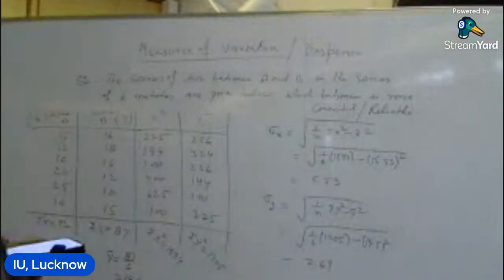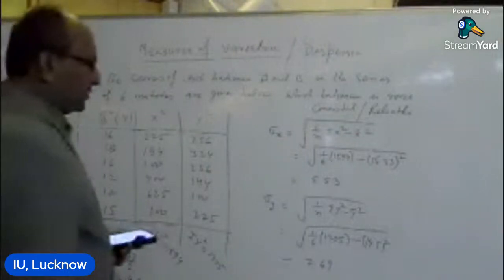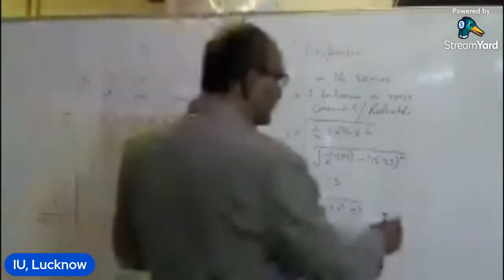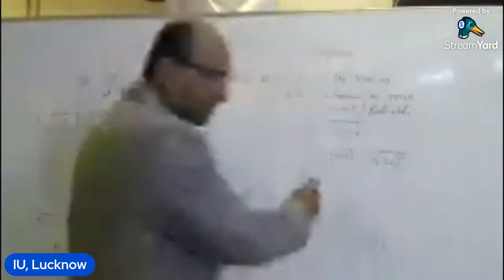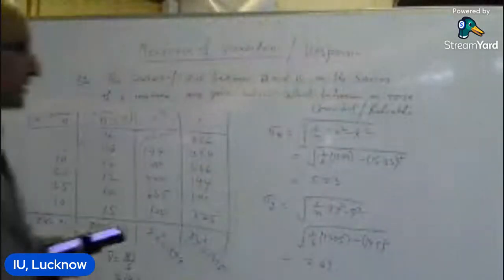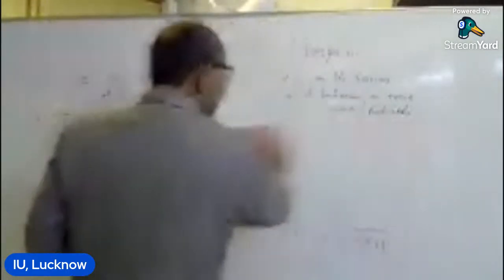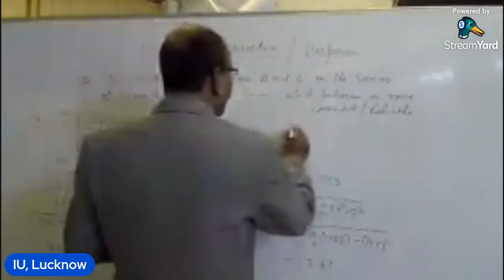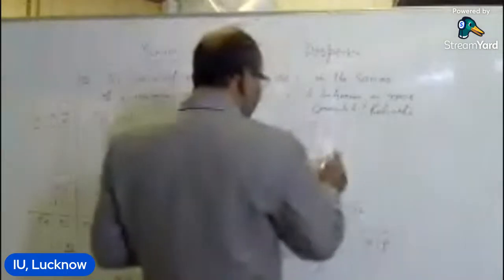Now find the coefficient of variation. So we write here the coefficient of variation for player A. The coefficient of variation for the score X is the standard deviation divided by the mean.